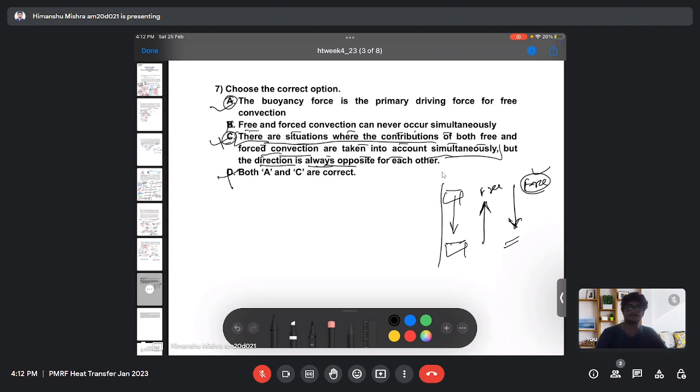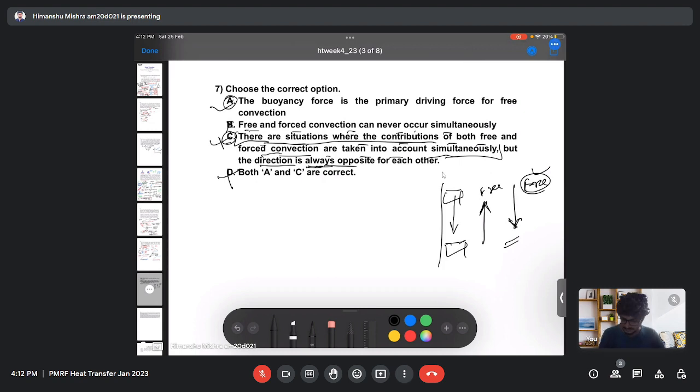I think C is incorrect because the word always is there. If always were not there, then I think it would be possible. There are multiple conditions with forced and free directionality of convection, and because of these multiple cases, option C is incorrect.